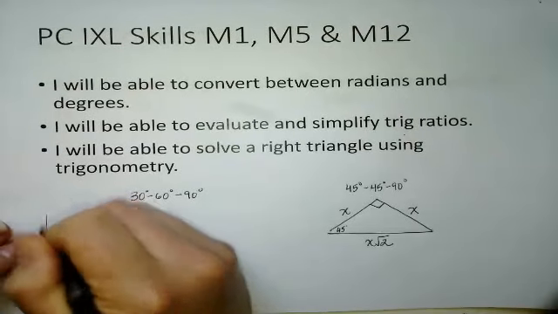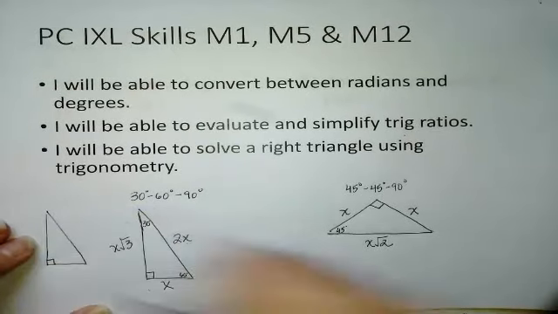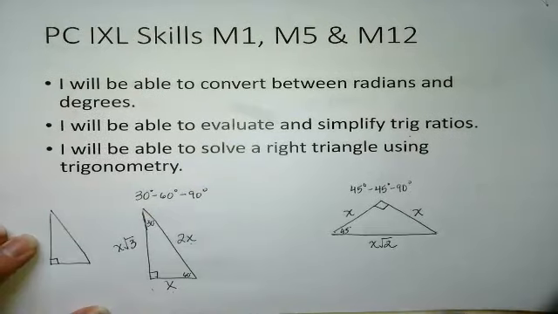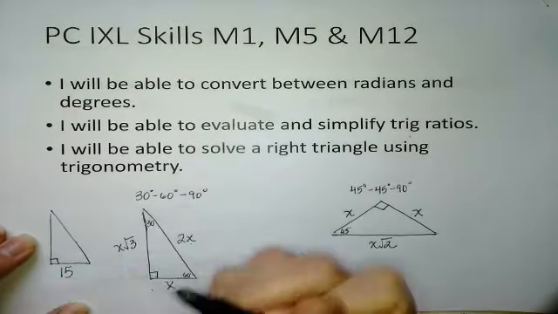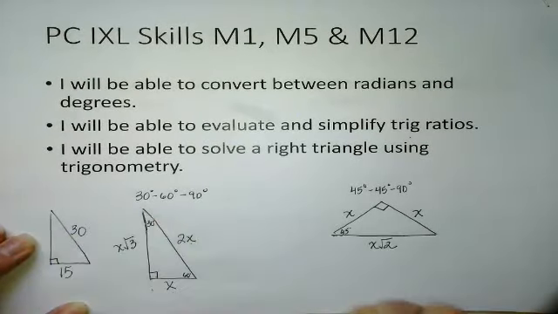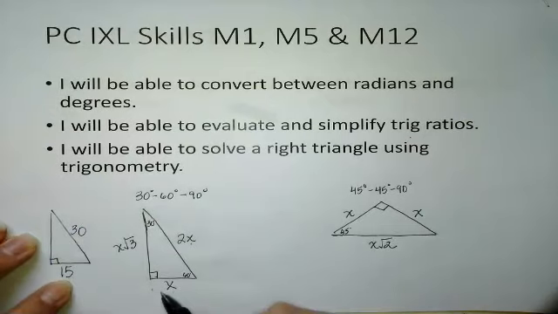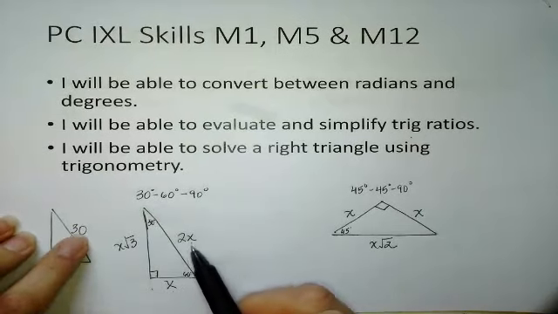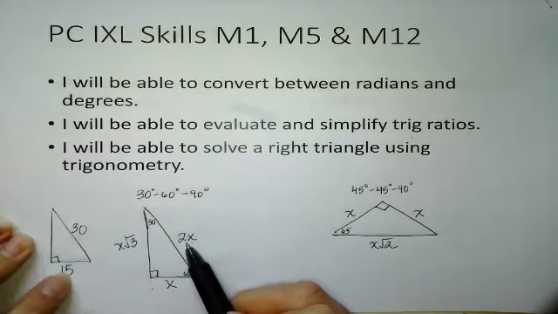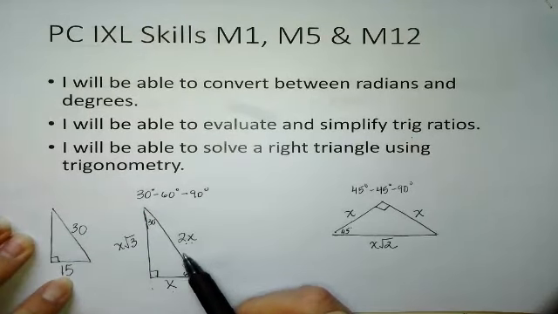And if you're given a triangle, and maybe you don't know that it's a 30, 60, 90, but if you see a side length of 15 and a hypotenuse of 30, which is twice what your short side is, then you know it's a 30, 60, 90. And so that's really, really important.